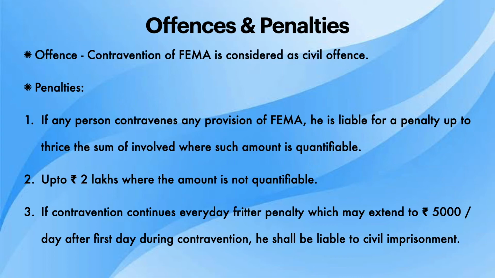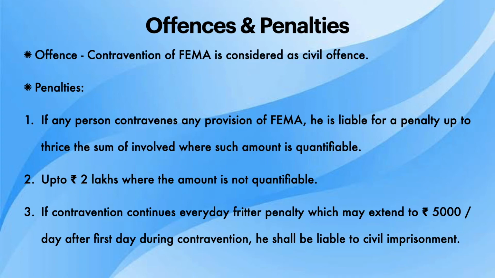Number one, if any person contravenes any provision of FEMA, he is liable for a penalty up to thrice the sum involved where such amount is quantifiable. Now, let's say the person has done an action which is prohibited by the law, and the quantifiable amount is rupees 1 lakh, so 3 times that amount he is supposed to pay.